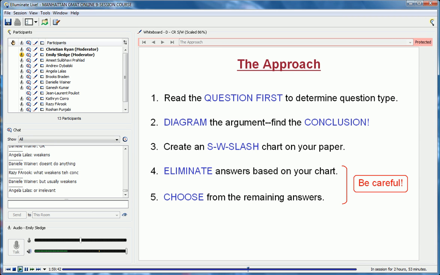Normally you'd read the question first just to see that it is a strengthen or a weaken type. Those words will appear in the question. Tonight they'll all be that way. On this type of argument, I think it's probably the one that you can most safely avoid diagramming. I tend not to diagram on this type.